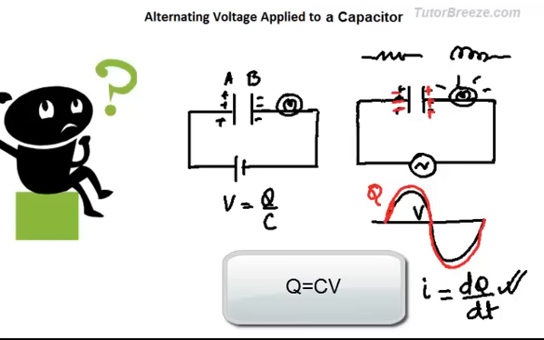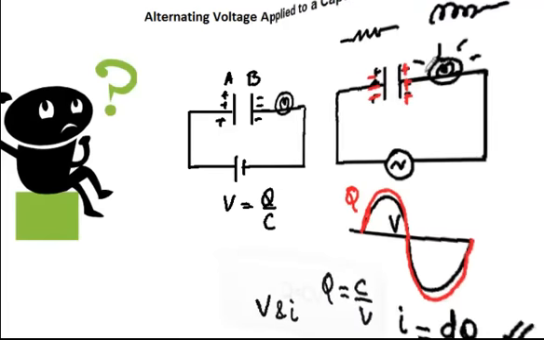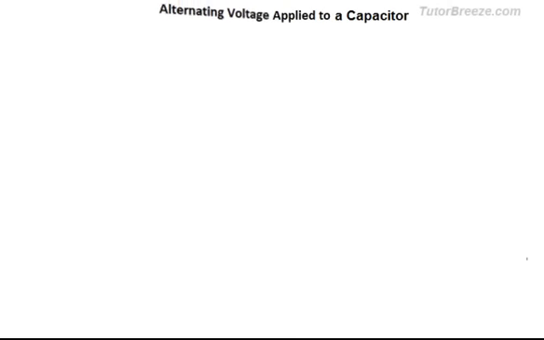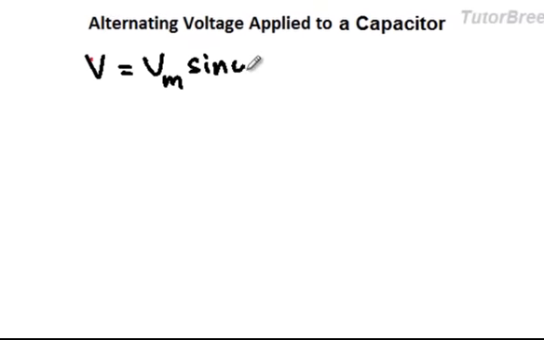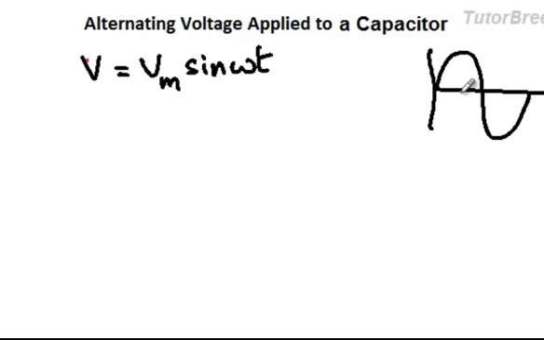Now we need to understand this a little more in detail so that we understand the relation between the voltage and the current when an alternating voltage is applied to a capacitor. The alternating voltage which is applied to the capacitor is a time varying voltage which can be represented by a sine function. V is equal to Vm sine omega t, where Vm is the amplitude of the voltage and omega is the angular frequency.